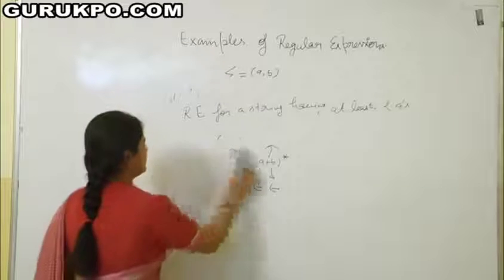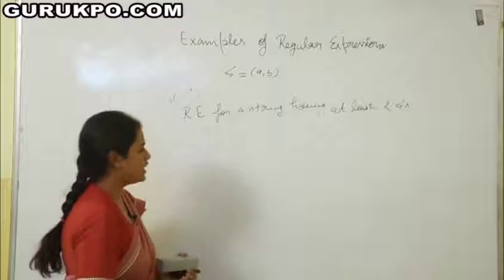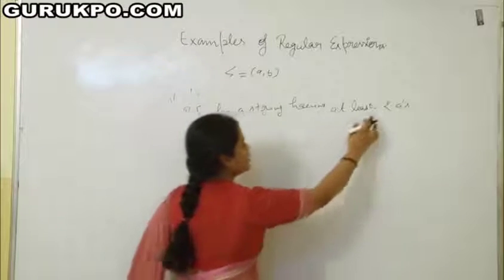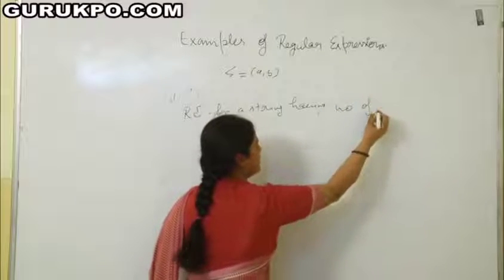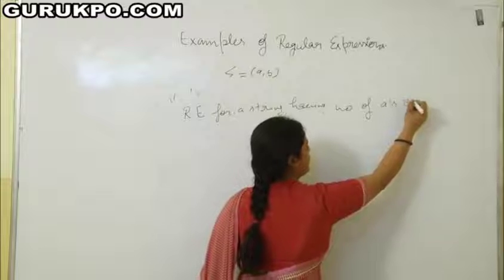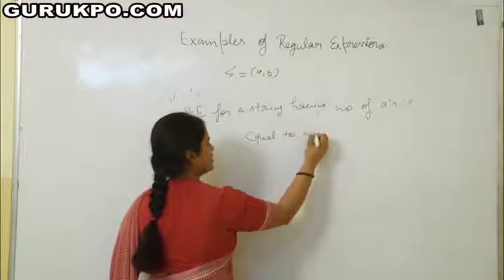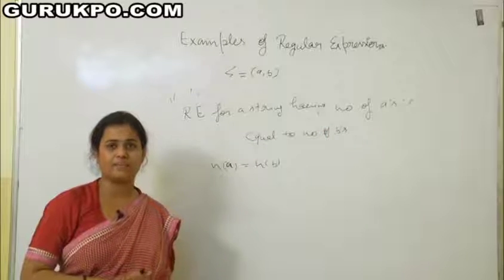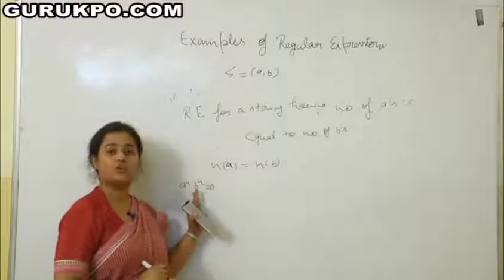Now, suppose we want to write down the regular expression for all the strings having the number of A's equal to the number of B's. Whether we can write a regular expression for this or not, we have to check.